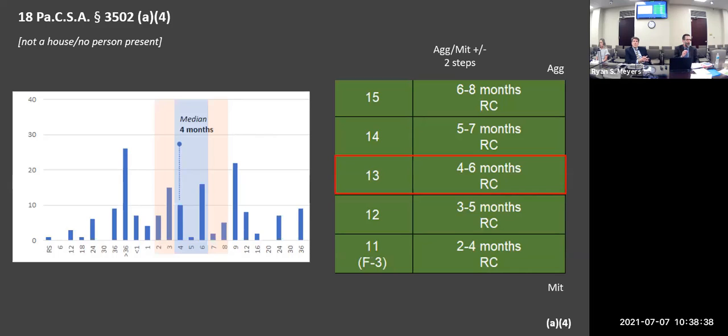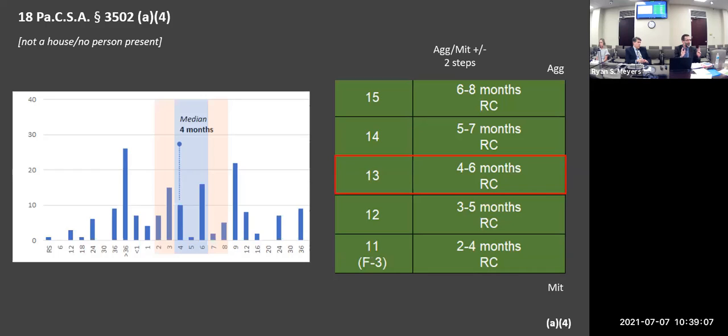As I mentioned, this would be a recommendation here in this darker green of county confinement for the disposition type. So I think we're going to walk through a number of these for different types of burglary, but a couple key concepts: we have the median. We're looking at the percentage that fall within the standard range of the current matrix.